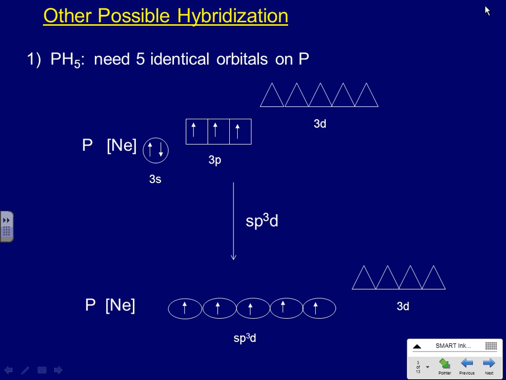So something like phosphorus. Phosphorus has 5 electrons in its valence shell. In normal atomic phosphorus, we have 2 electrons in the 3s orbital and 3 electrons in the 3p orbital. It looks much like a nitrogen.